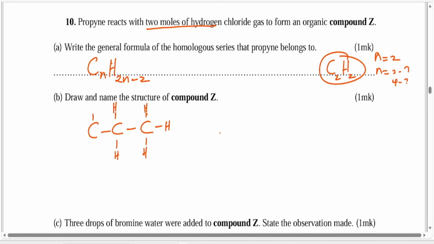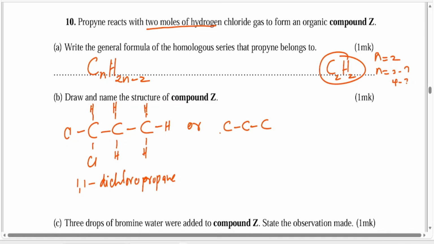And our 2 chlorines may have been attached. The 2 chlorines for the 2 moles may have been attached at the first carbon, or this is a 1,1-dichloropropane, or we may have carbon, carbon, carbon.